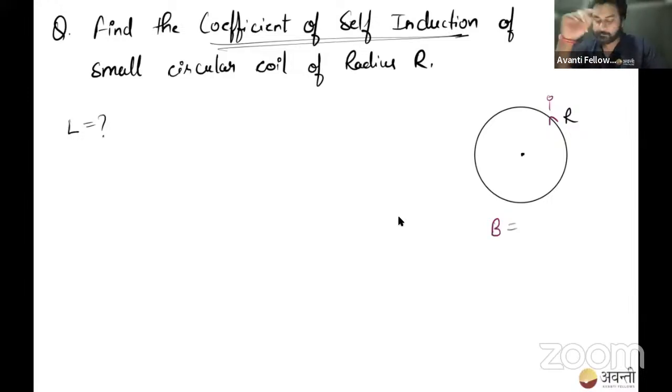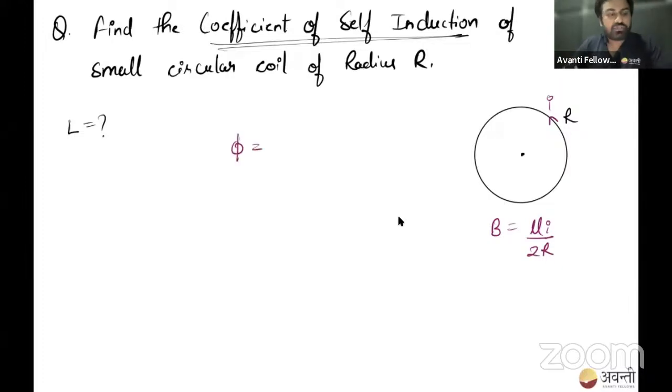Magnetic field due to a coil at the center, if it is carrying a current I and radius is R. It is mu naught I upon 2R. Got it?